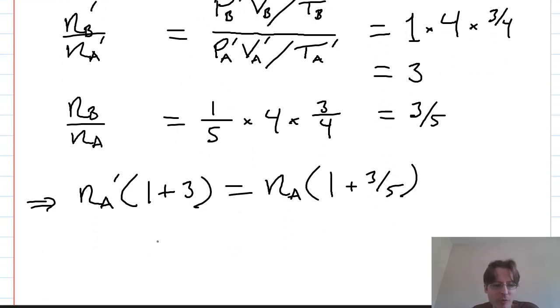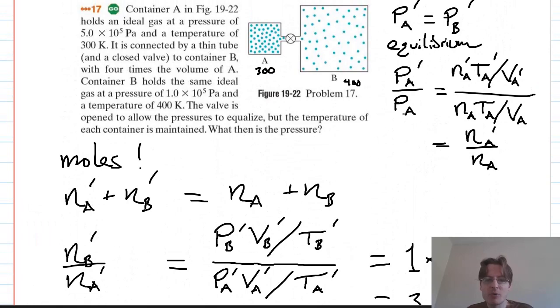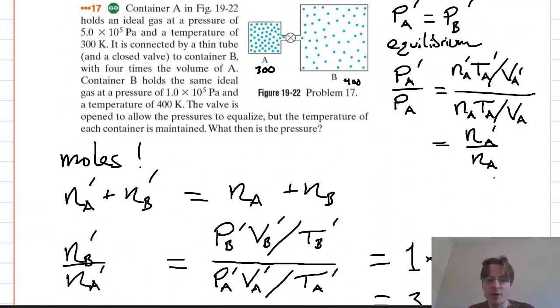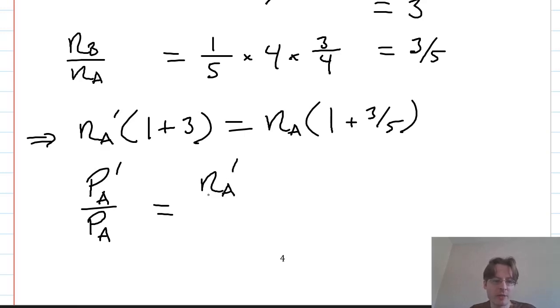And this, when I simplify it, it's going to tell me that NA prime, so the point is, I already know that PA prime over PA is the same as the mole ratio. So the change in pressure in container A is just the same as the change in the number of moles in container A, which now I have that ratio.